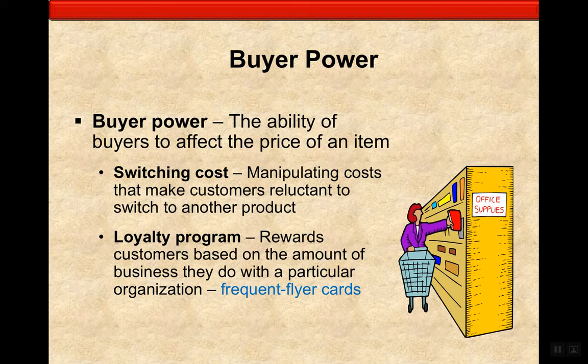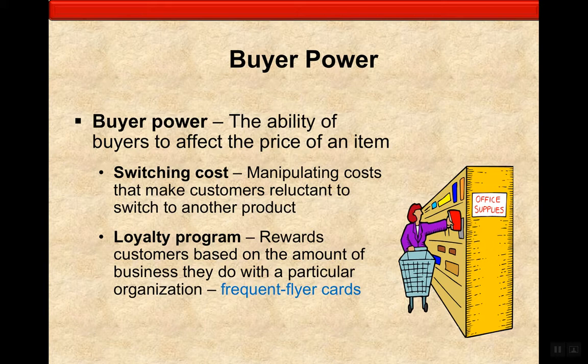Just quickly, as we talked about, buyer power is the ability of buyers to affect the price of an item. So you get things like switching costs. What organizations look to do is make the cost of changing from one place to the other significant enough to prevent somebody from simply moving across.